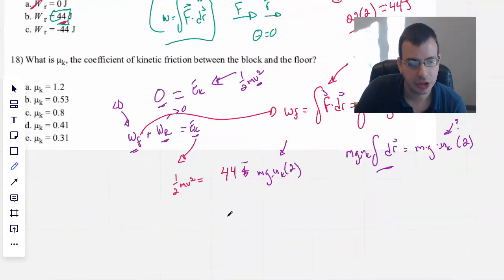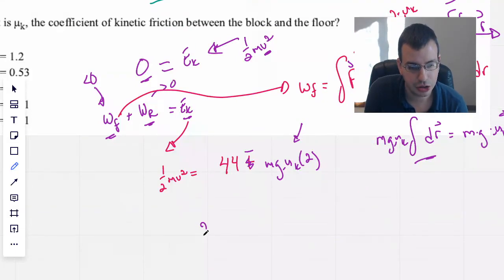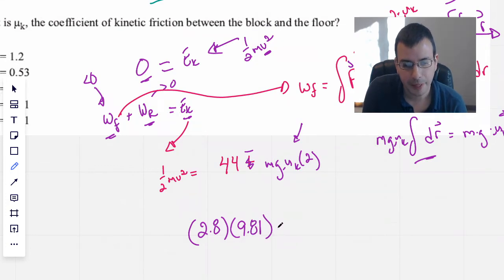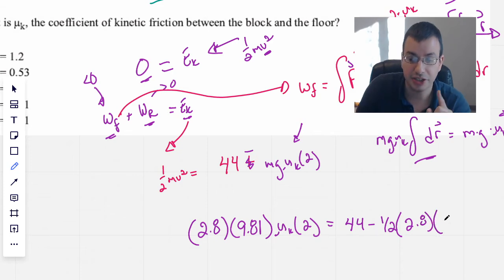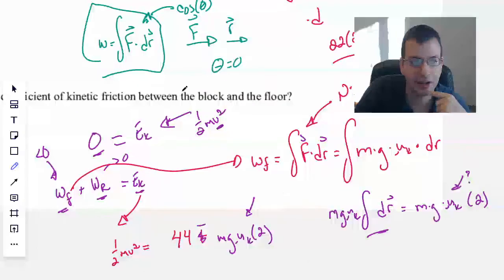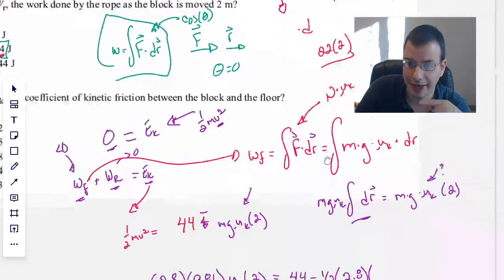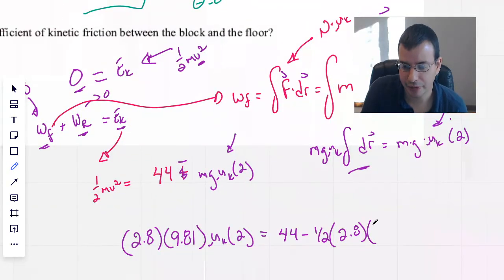So we have 2.8, this part's just algebra, times 9.81, mu k unknown, 2 equals 44 minus 1/2 times mass, which is 2.8, times velocity squared, which I think they give us the final velocity, 3.9. So we have 3.9, don't forget to square it.